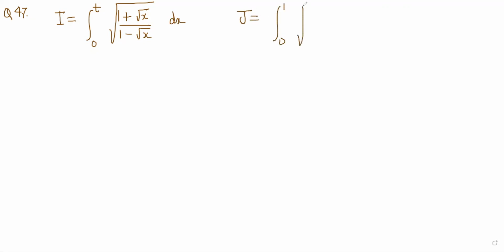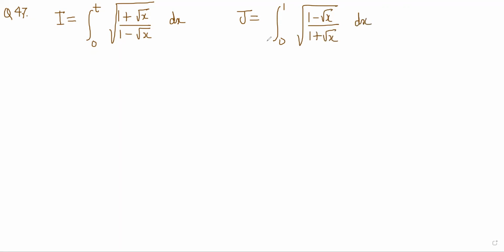So we have, if I is equal to the integral from 0 to 1 of root over 1 plus root x by 1 minus root x dx, and J is equal to the integral 0 to 1 of root over 1 minus root x by 1 plus root x dx, right?